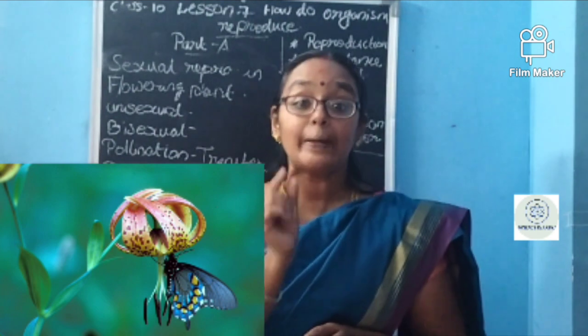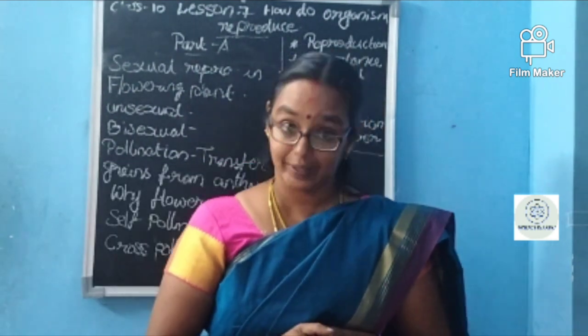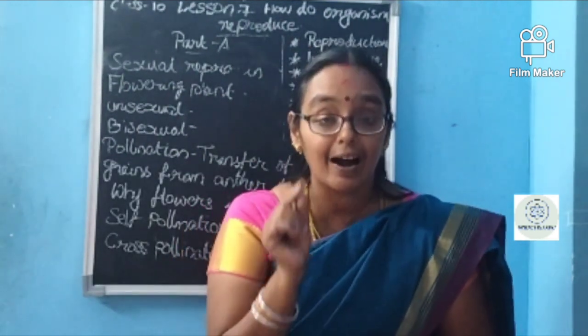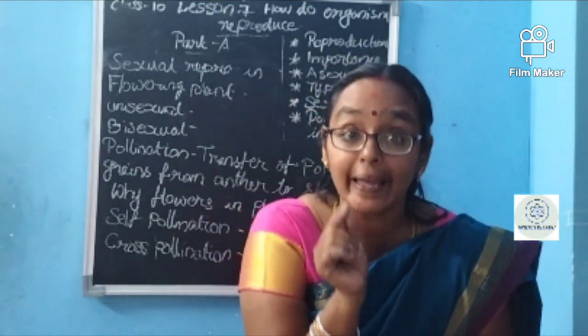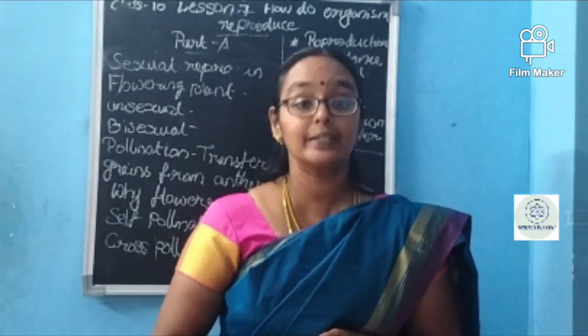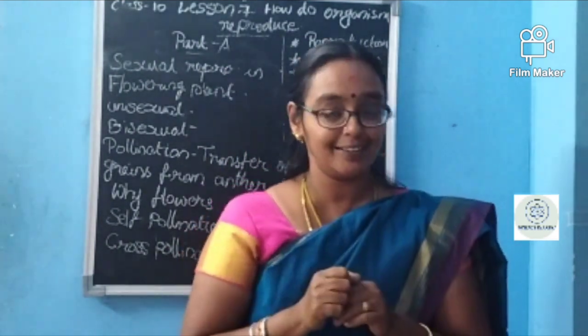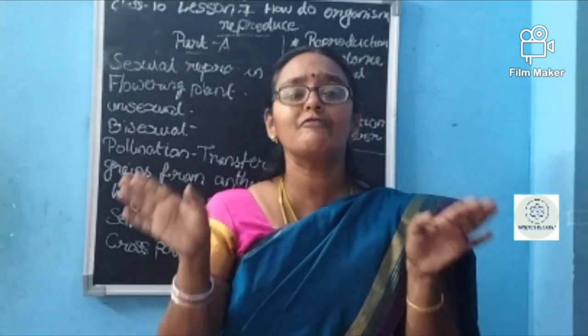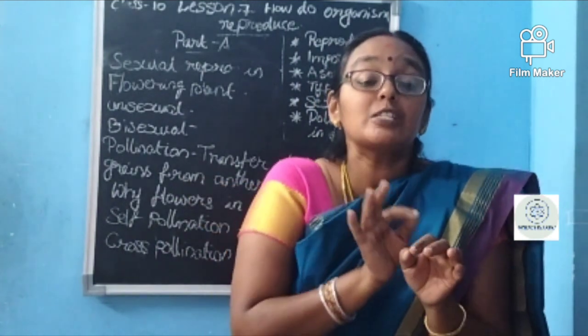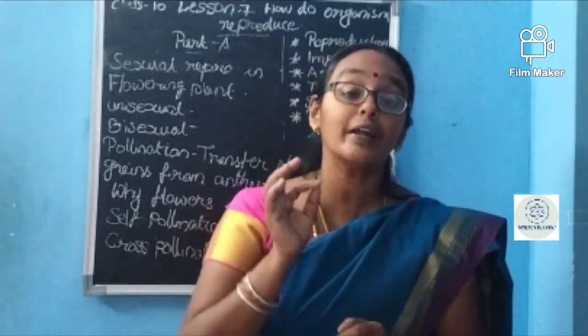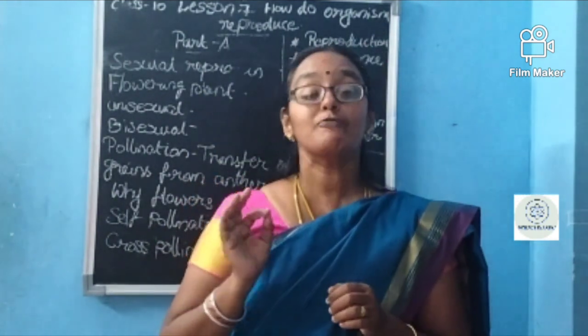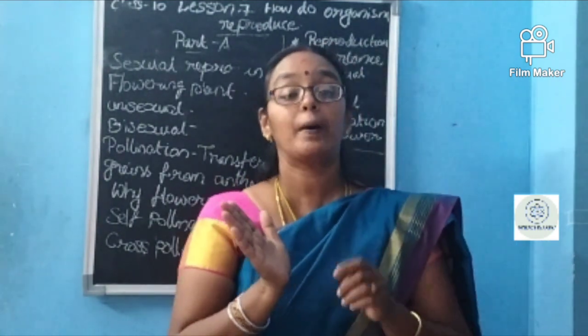As we know, the pollen grains are the ones which have the male gamete. So when they are sitting for sucking, their legs or their wings will have these pollen grains, and these pollen grains will be transferred from the male reproductive part to the female reproductive part.